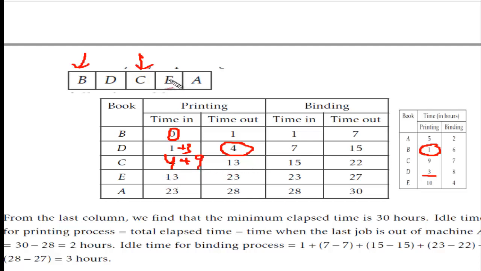So E will start at 13, and E is 10, so 13 plus 10 is 23, and after that the last job A starts at 23, and A is of 5 units, I guess. 23 plus 5 is 28, so I am done with A.